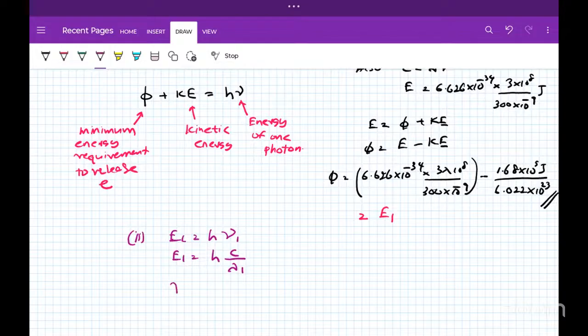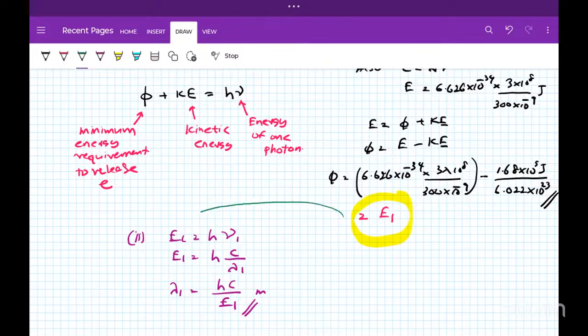E1 is known, so lambda 1 should be equal to hC divided by E1. You have calculated E1. So your answer will be in meters. E1 is this value. This is E1. I think this is clear for you. So you can take this answer to here and do the calculations.